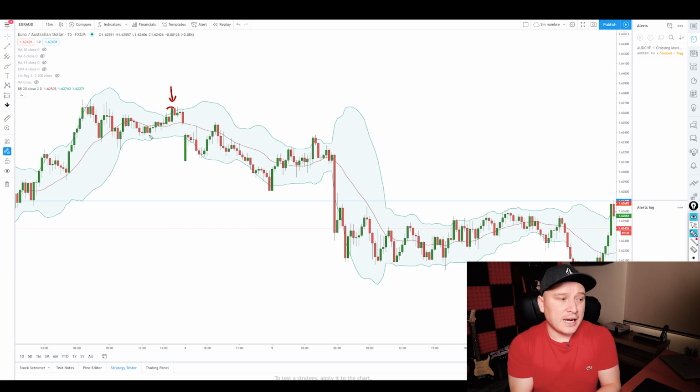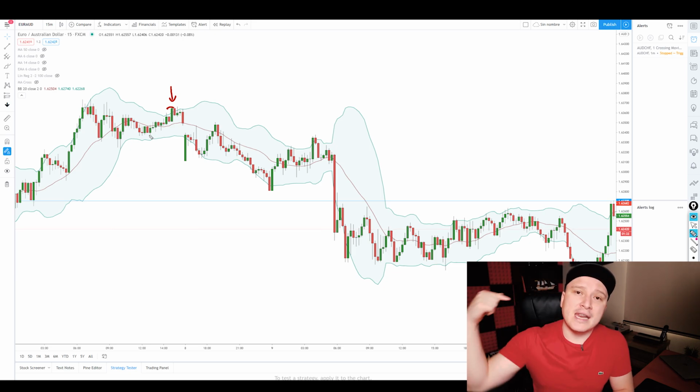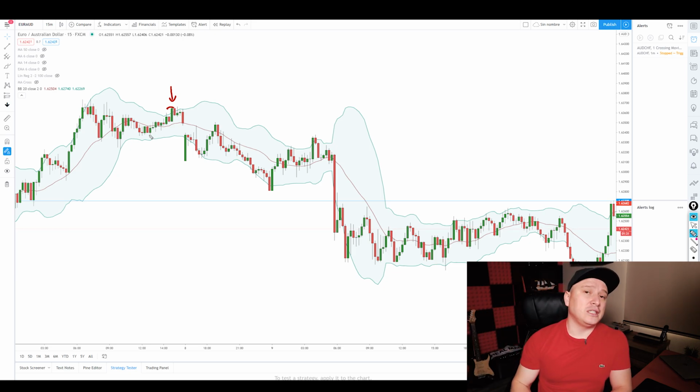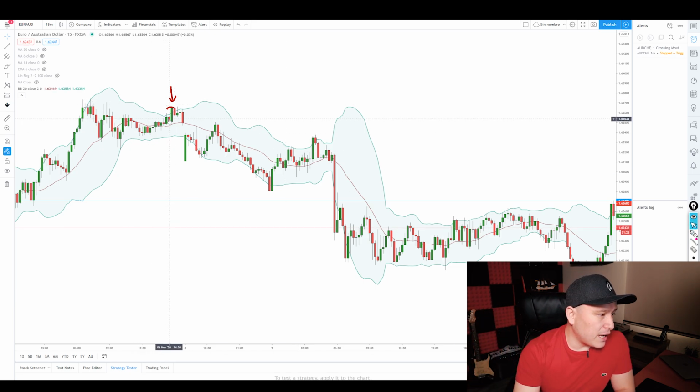Once it closes in that area, you enter for the next candle's expiration, which means 15-minute trades, okay? So this candle right here closed at 14:45. That means that the expiration for your trade is going to be for 15:00, 15 o'clock.